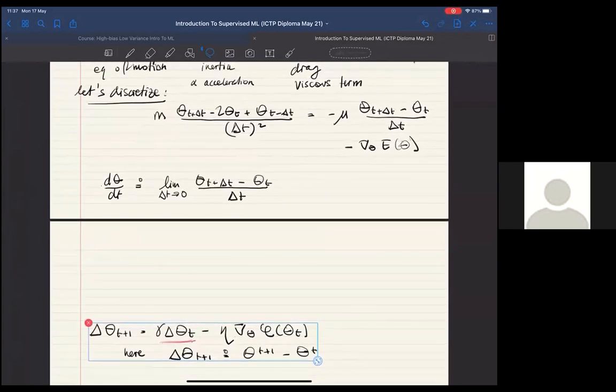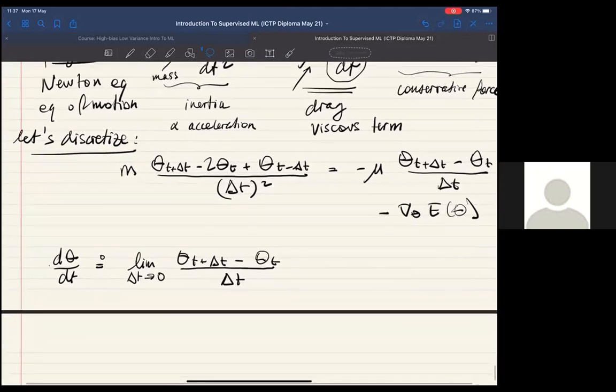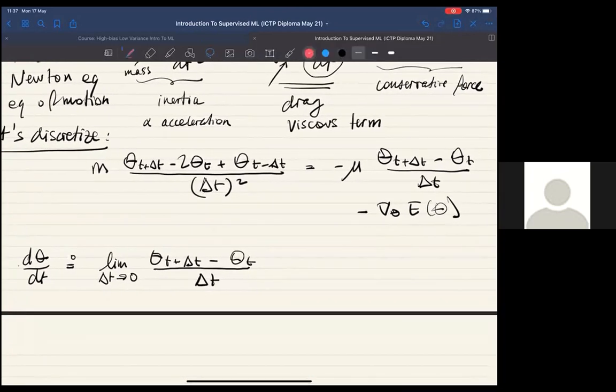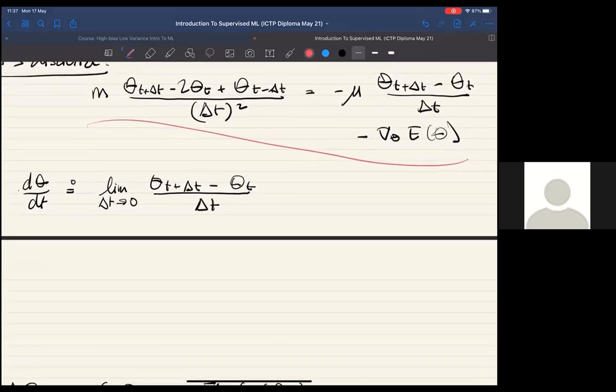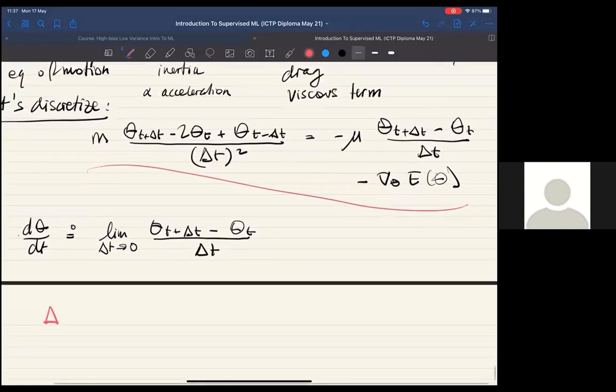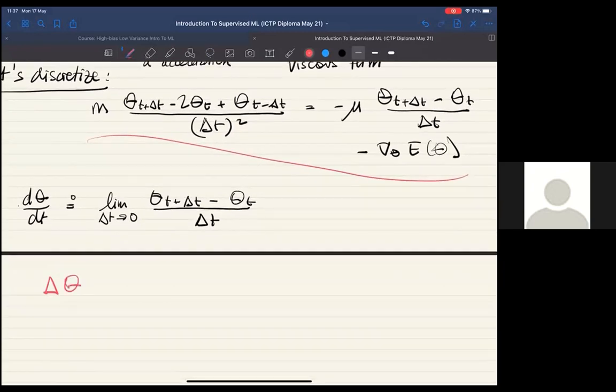Now I claim, and this is an exercise, this is like a 2-minute exercise. If you take this discretized equation, okay, and you isolate on the left the delta. So sorry, now you define as before delta t plus 1 to be delta.